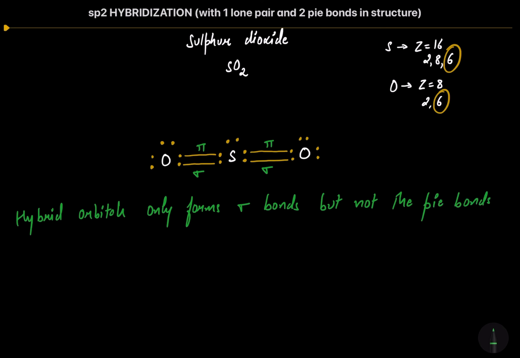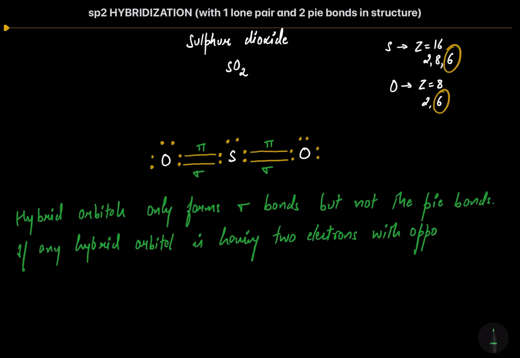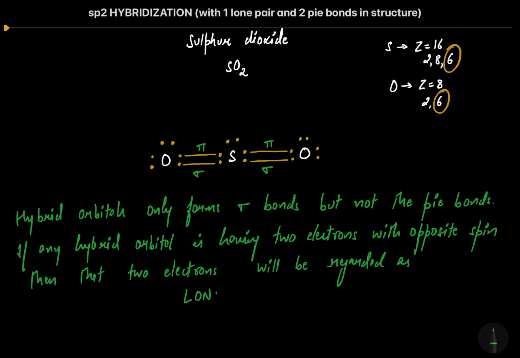And one more thing I want to tell today: if any hybrid orbital has two electrons with opposite spin, then those two electrons will be regarded as a lone pair of electrons.